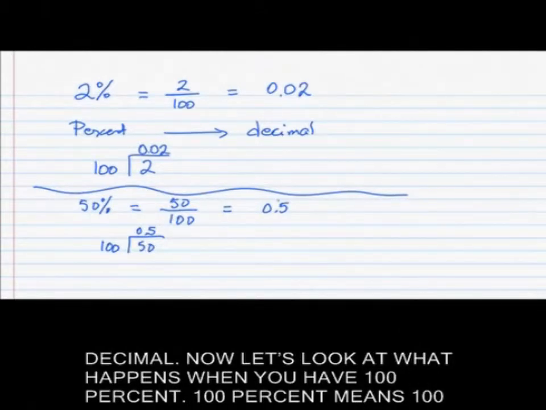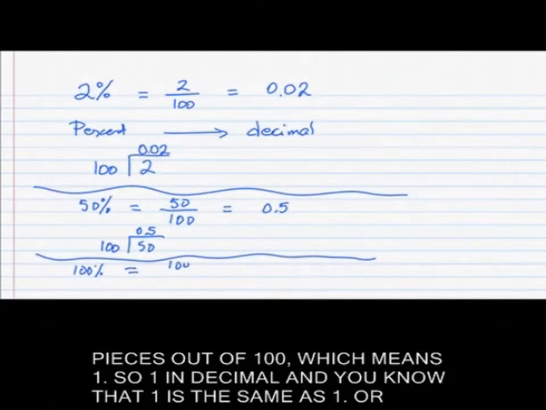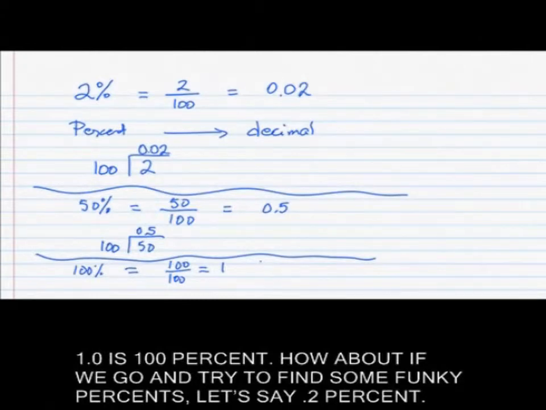Now let's look at what happens when you have 100%. 100% means 100 pieces out of 100, which means 1. So 1 in decimal, and you know that 1 is the same as 1.0, is 100%.